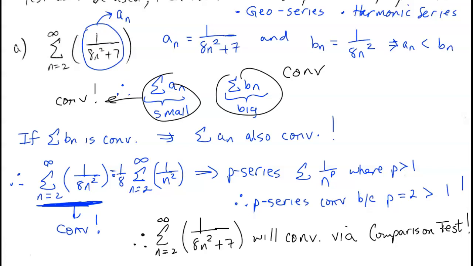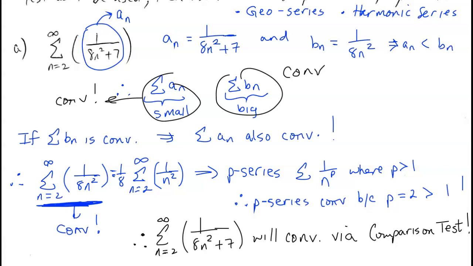And then we just follow the rules for the comparison test. And of course, if it doesn't meet the conditions for the comparison test, then we try to do the limit comparison test.